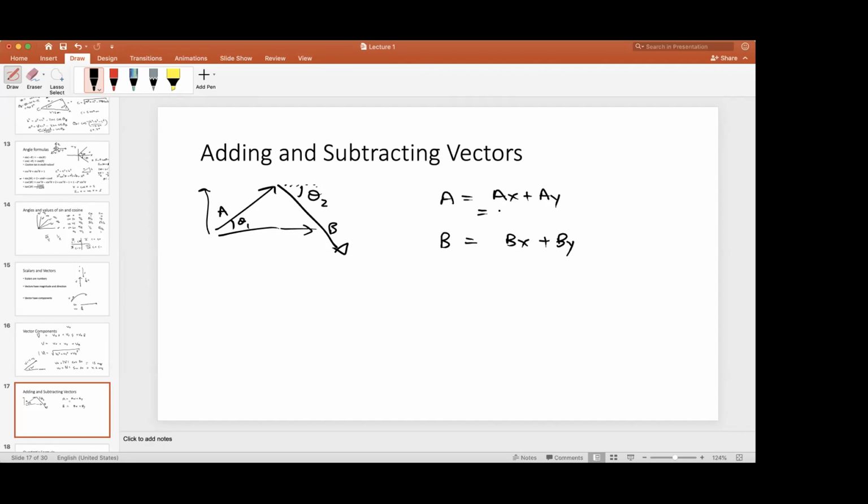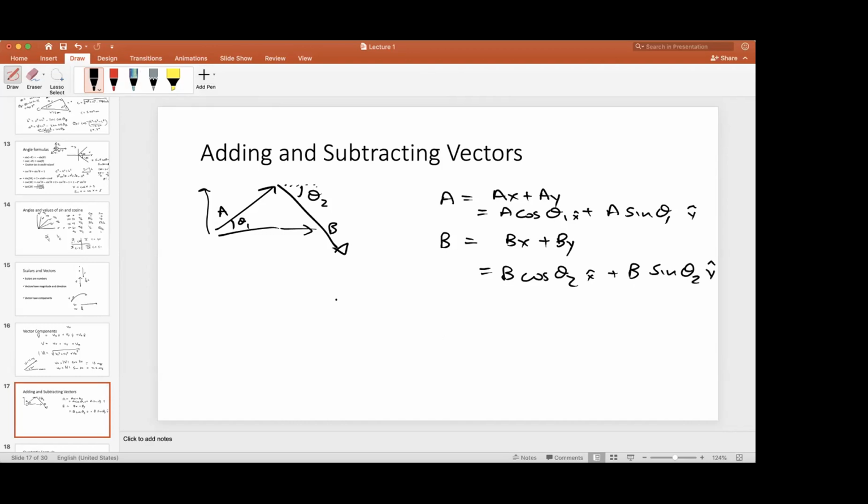But these are A cos theta 1 plus A sine theta 1 in the X hat direction, and this is in the Y hat direction. And this is B cos theta 2. I'm sorry, this is not theta 2, this is also theta 1. There. In the X hat plus B sine theta 2 in the Y hat.